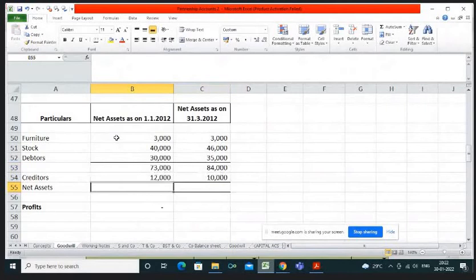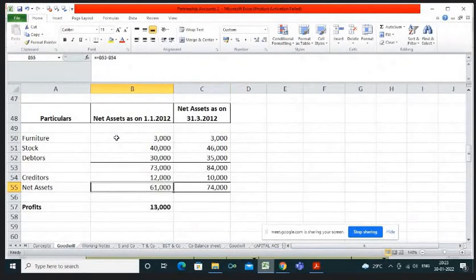What is the value of net assets? That is gross assets minus creditors: 61,000 here, and here it is 74,000. So the assets of the firm have increased by an amount of 13,000.